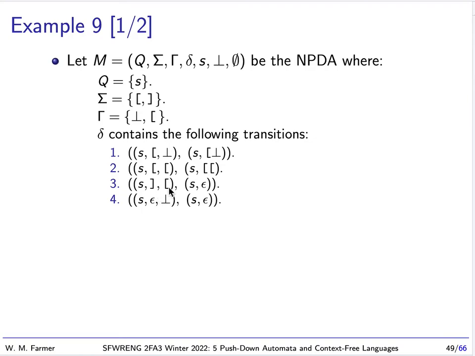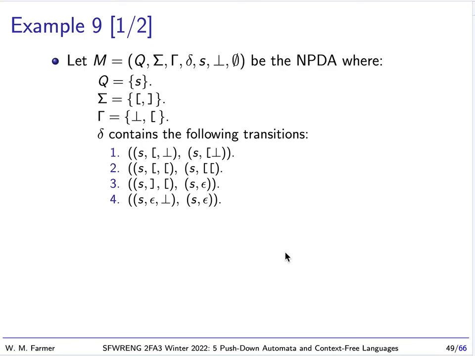If we're looking at a right parenthesis and there's a left parenthesis on the stack, we will pop off that parenthesis and we won't push anything more on the stack. We'll just pop that off. If we're not looking at anything, we're done with the string, and on the stack we have the initial symbol, we'll pop that off. That's it. That's the machine.